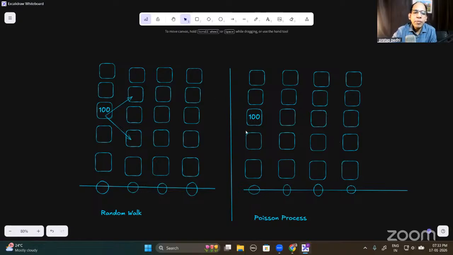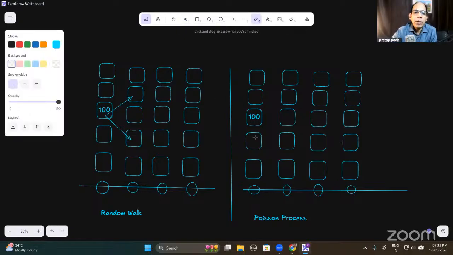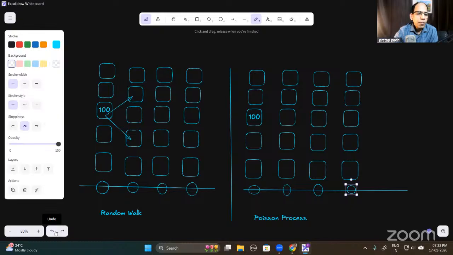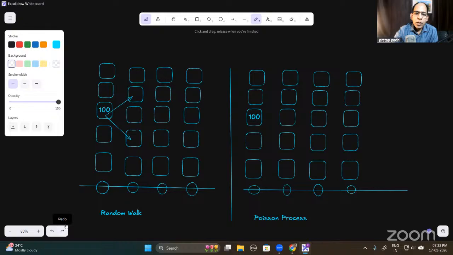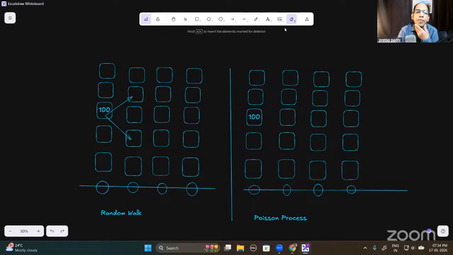So number of claims here at time 1, or time 0, let me write time 1. Time 0 means it should be 0. Poisson process definition starts with 0. There is a reason. Again, I will not go to that, but yes, I want to start from 0. Otherwise, that will create another problem. So let me start with 0 here.